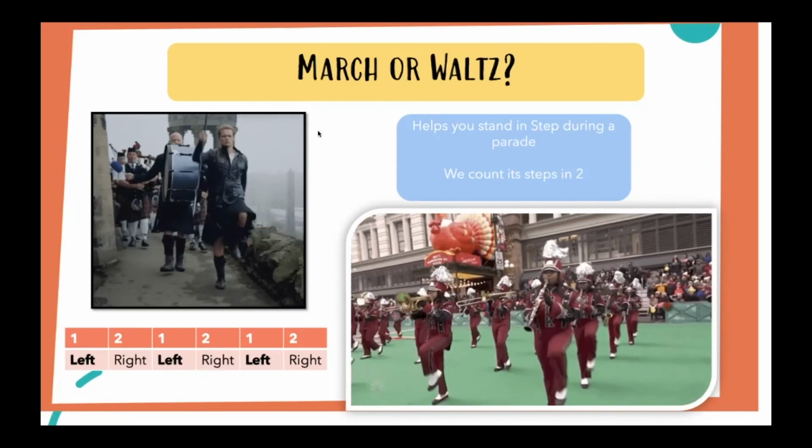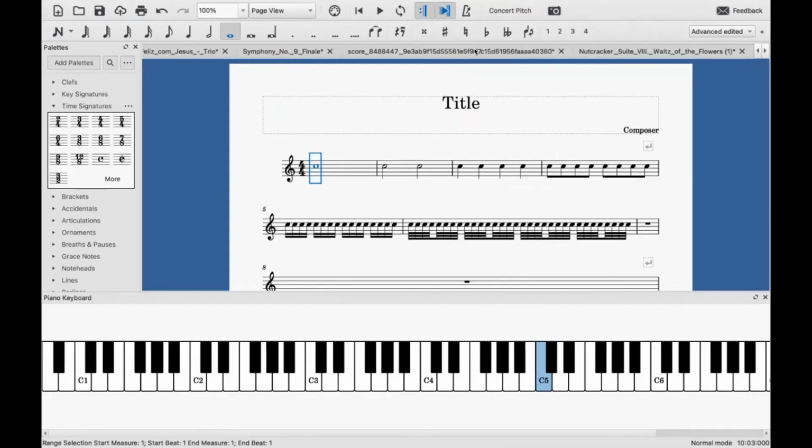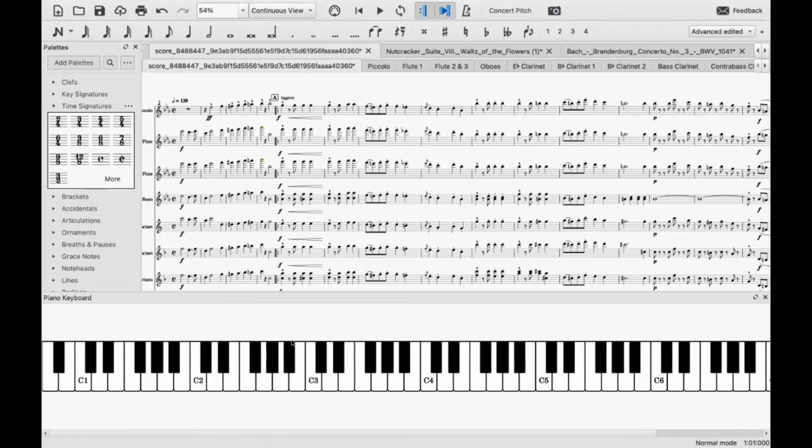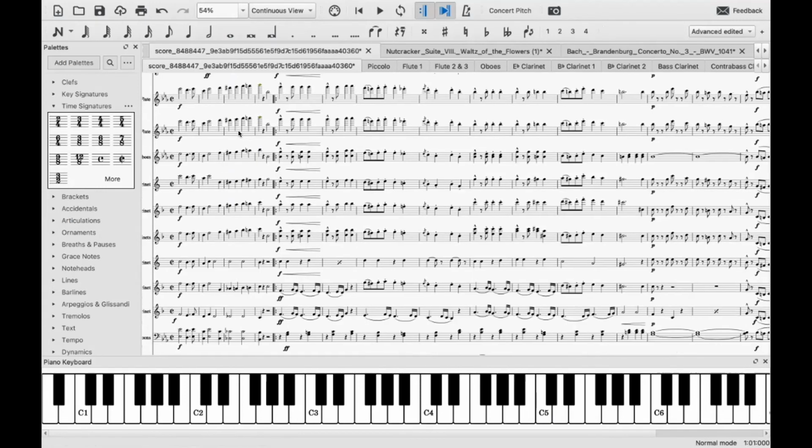And I have brought here for you guys an example of a march, which is here somewhere. Just a second. Yes, it is here. Now that's a lot of instruments together, and I'm going to play all of them for you.